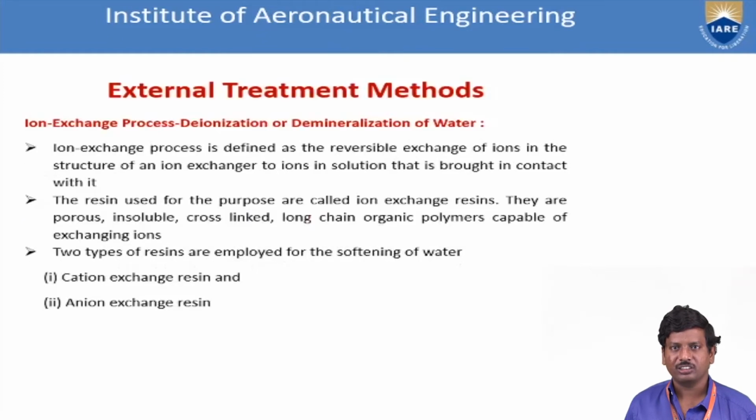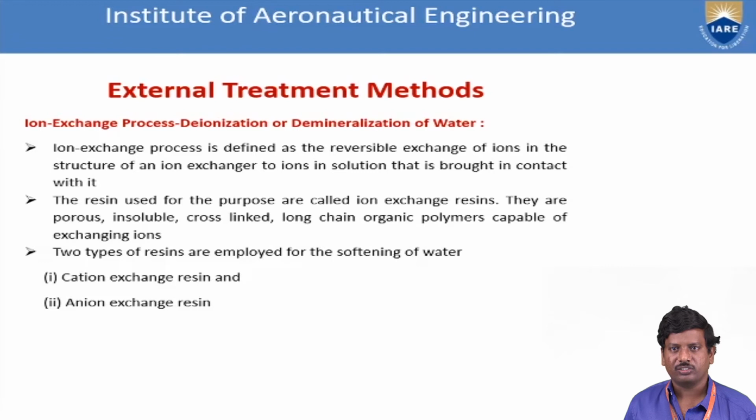External treatment methods. In external treatment methods, it involves the ion exchange process, deionization or demineralization of the water. That means this process removes all the dissolved salts from the sample of water. Ion exchange process is defined as the reversible exchange of the ions in the structure of an ion exchanger to ions in the solution that is brought in contact with it.